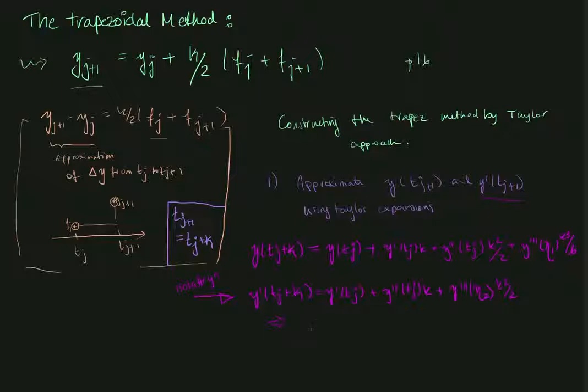So I have that y double prime of tj is equal to y prime of tj plus k minus y prime of tj divided by k. And then I have another term which is y triple prime of eta 2 multiplied by k squared halves divided by k, which is multiplied by k halves here.